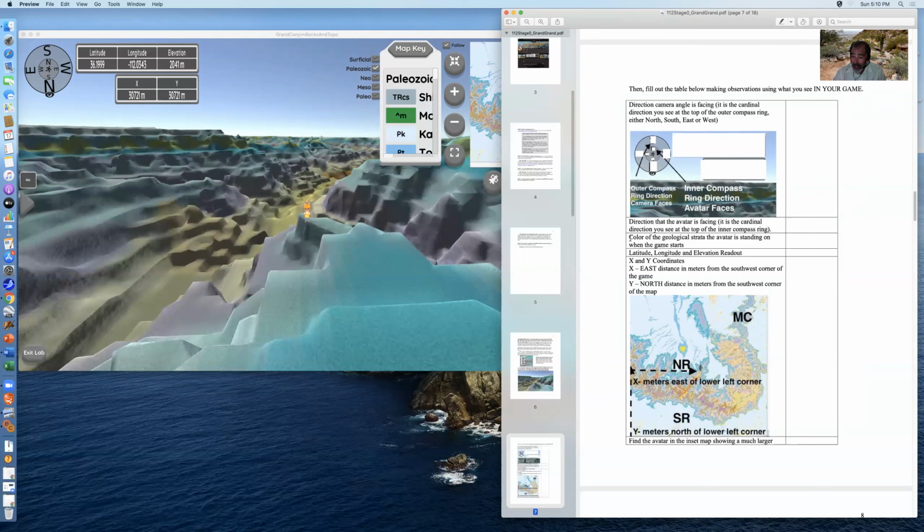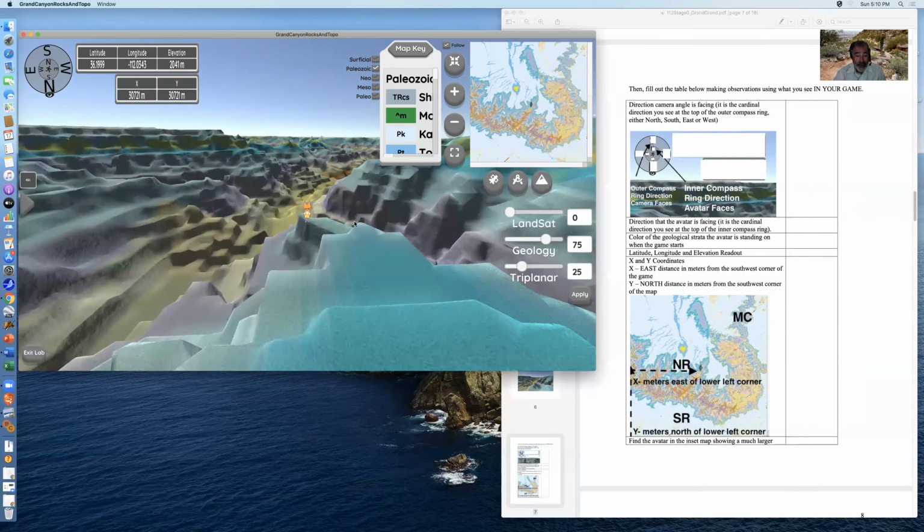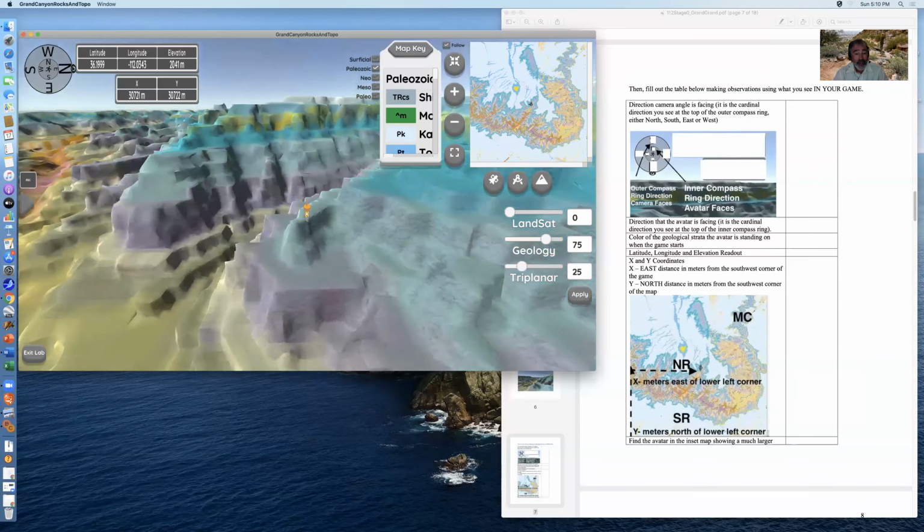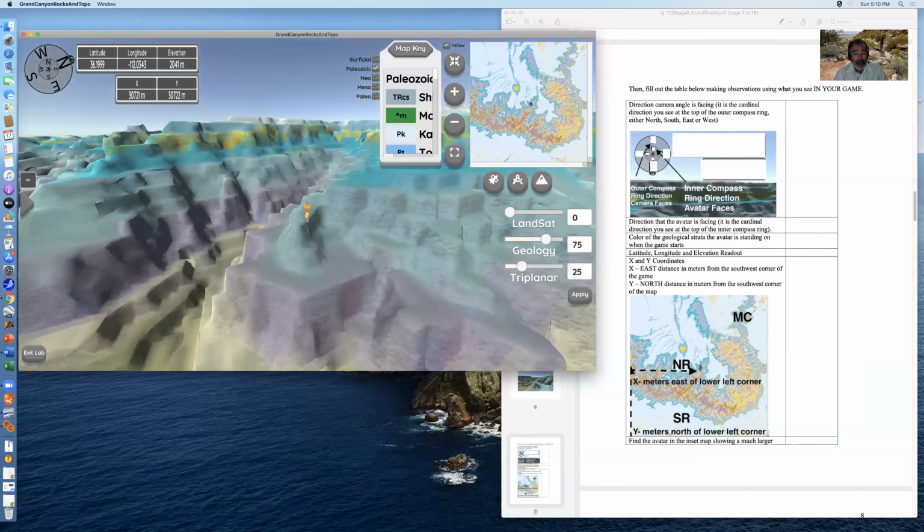Then I'm asked the color of the geological strata that the avatar is standing on in the game when it starts out. So let me take it in game mode and look up and about and notice that the top layer of the Grand Canyon is this lightish blue stuff called the Kaibab Formation. I know it's a bit of a pain to scroll for the map key, but there's so little space in the game environment and so much information.